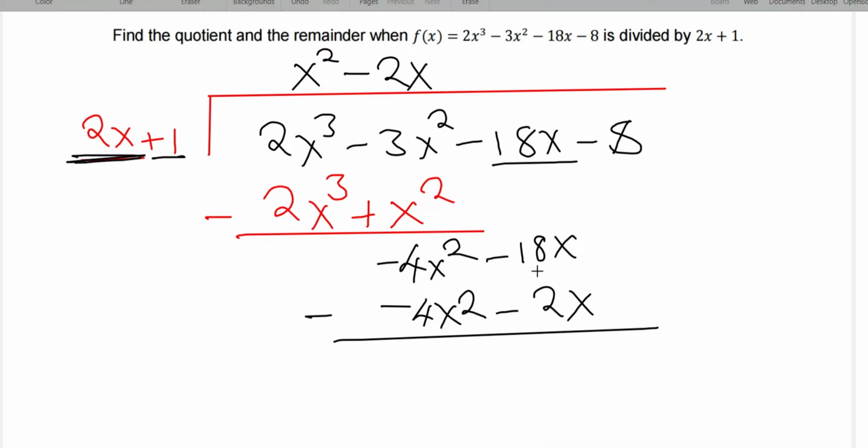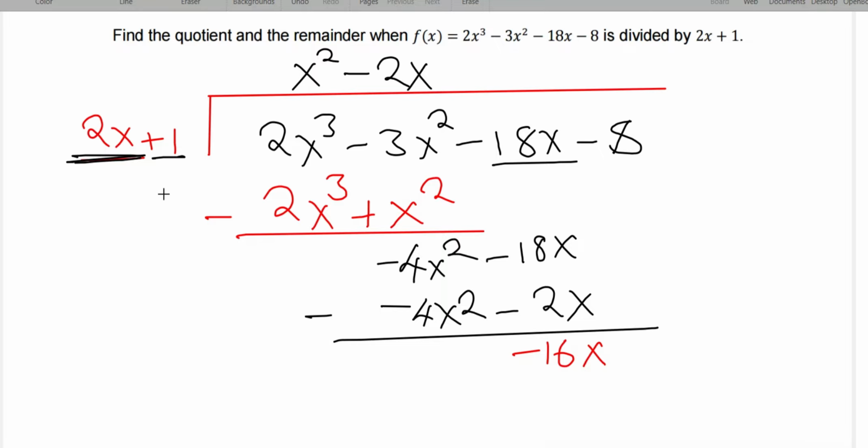So negative 18x minus 2x: negative 18 plus 2 becomes minus 16. Remember there is an x there, so we'll have minus 16x.